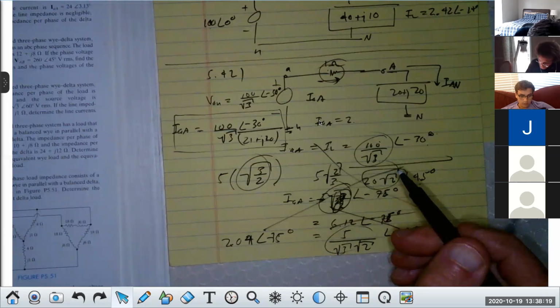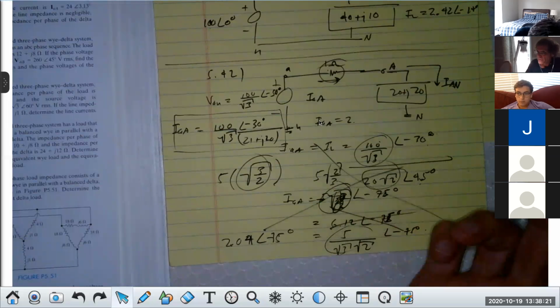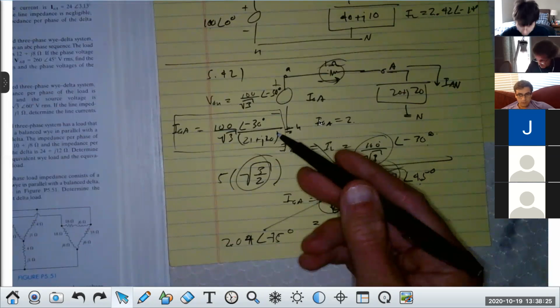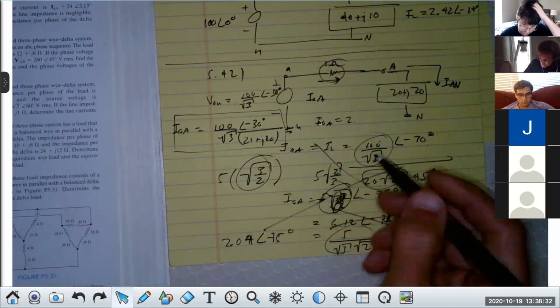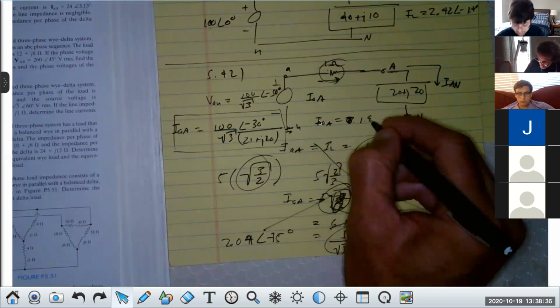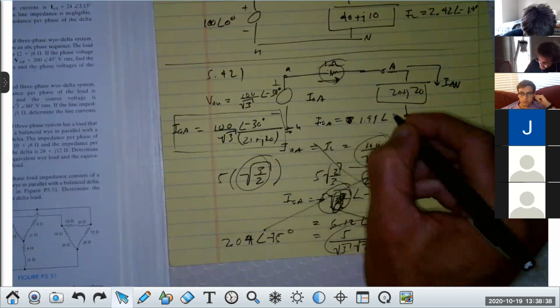He does have that equation? Yes, he does. So fundamentally, the answer is just this solved for. What did you get for this again? I got 1.99 at an angle of negative 73. That's what she had, right? 1.99 at an angle of minus 73 degrees.